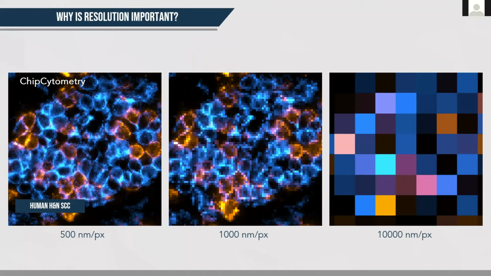We're used to thinking about resolution even with our personal devices and TVs, but obviously the higher the resolution, the more single cell and subcellular information we're able to extract from a cytometry process. And these images here represent the range of resolutions that you see on the market for image-based cytometry platforms.